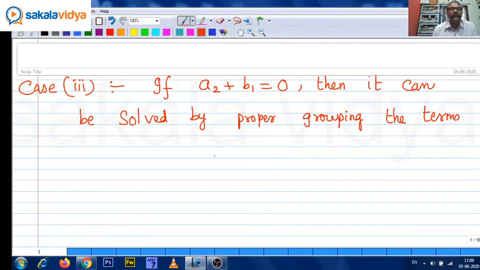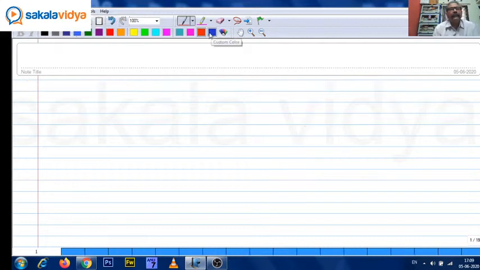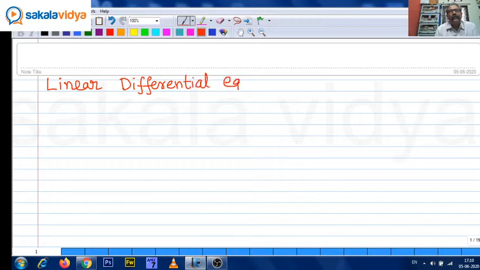So next one is very important. We need to discuss. Next form is linear differential equation. Linear differential equation.